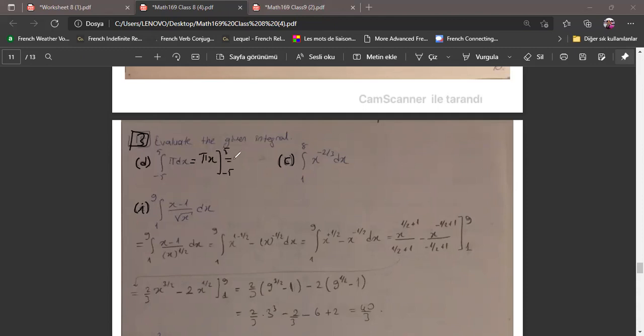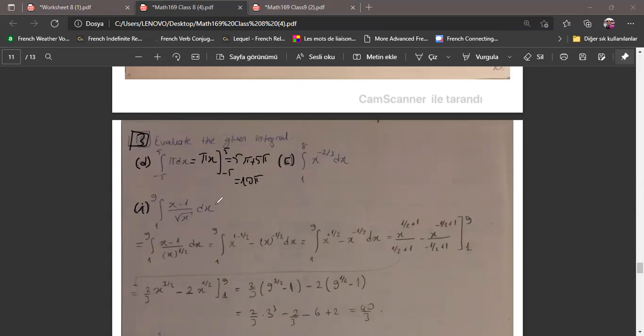You just plug 5 there first, x equals to 5 will give us 5 pi. And if we plug -5, we will get -5 pi. So we had before minus here, as we need to subtract them. We have 5 pi again, so we get 10 pi, right?